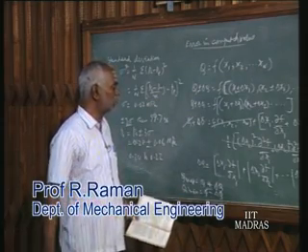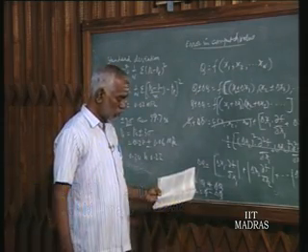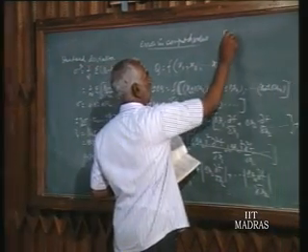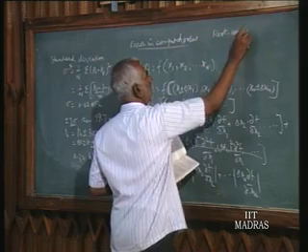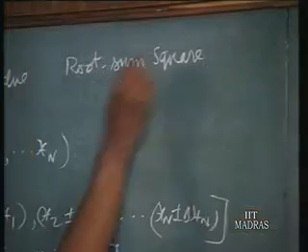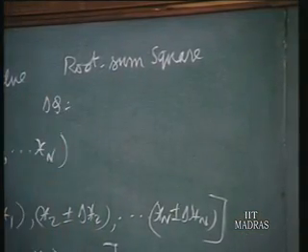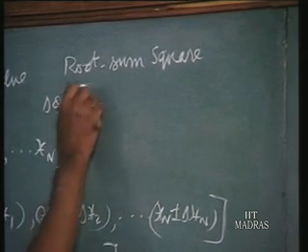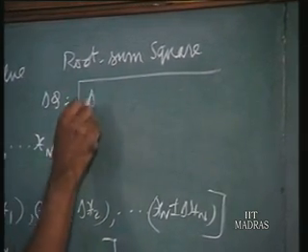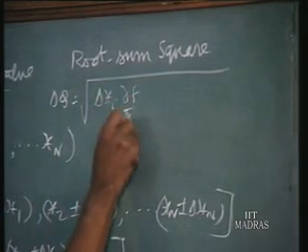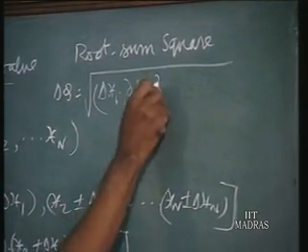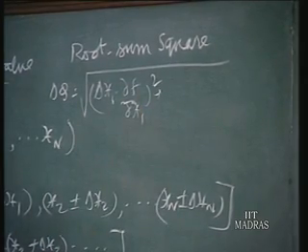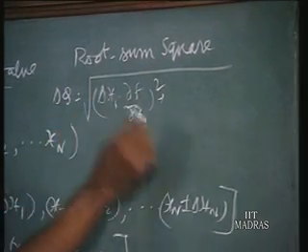So to get a realistic view, we use the principle of root sum square. By using the root sum square, we get this equation: delta q is equal to the root of delta x1 into dou f by dou x1, whole squared, plus, that is, each individual instrument error component is squared, and then find the square root.